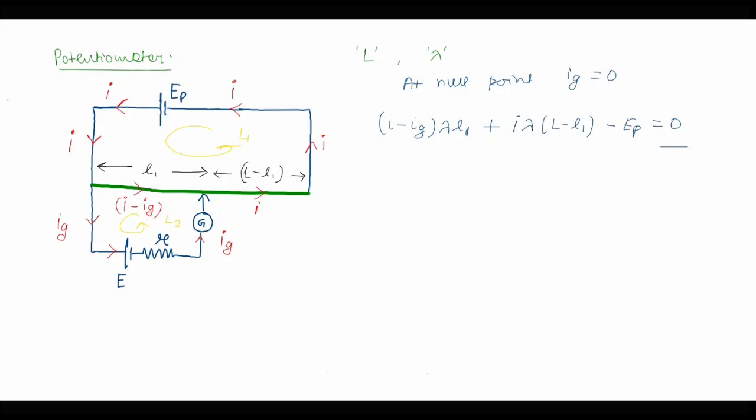This becomes my first equation. Now for the second loop we write E plus Ig r minus (I minus Ig) lambda L1 is equal to 0. This becomes the second equation.